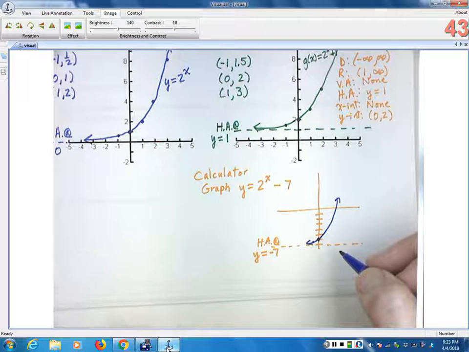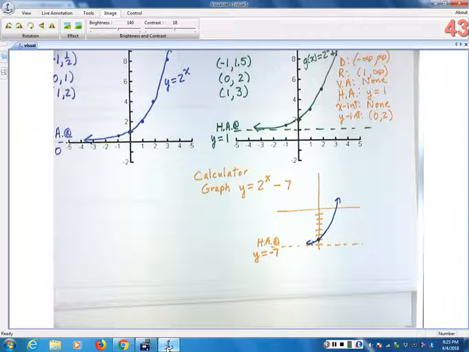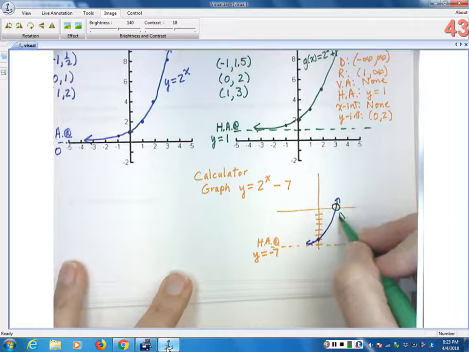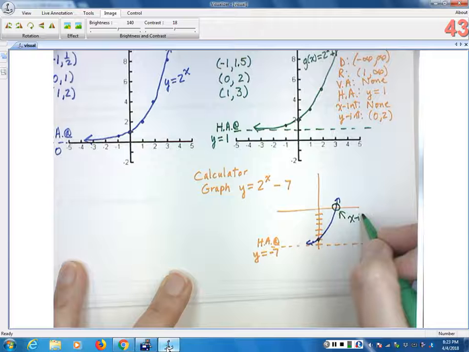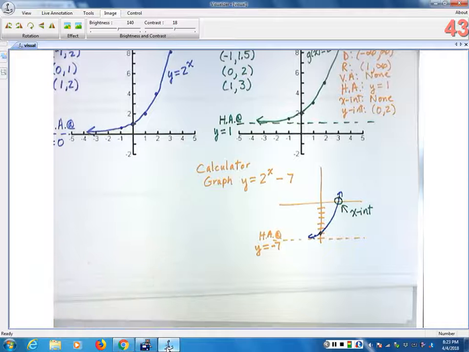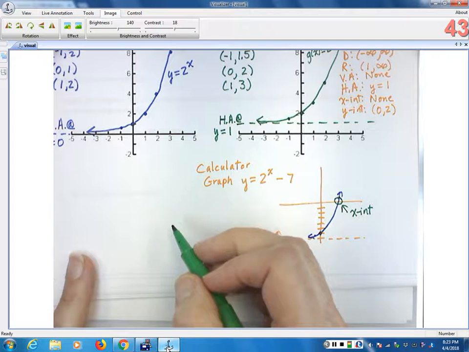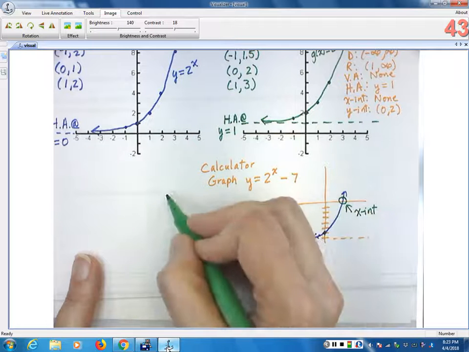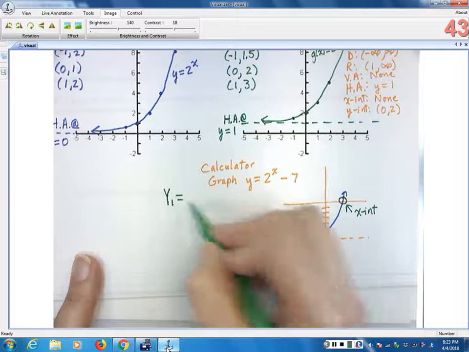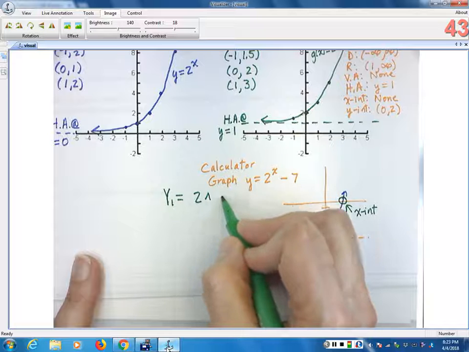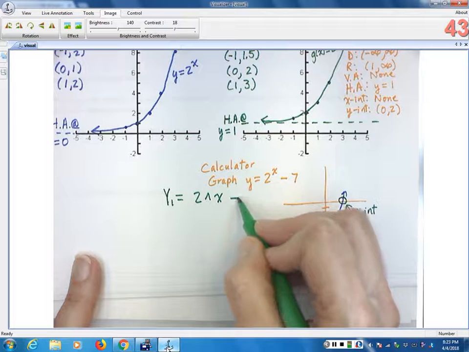It will have an x-intercept. So you're going to find that with your calculator, and I'm going to show you how to do that right now. You're going to put y1 equals 2 caret x minus 7.